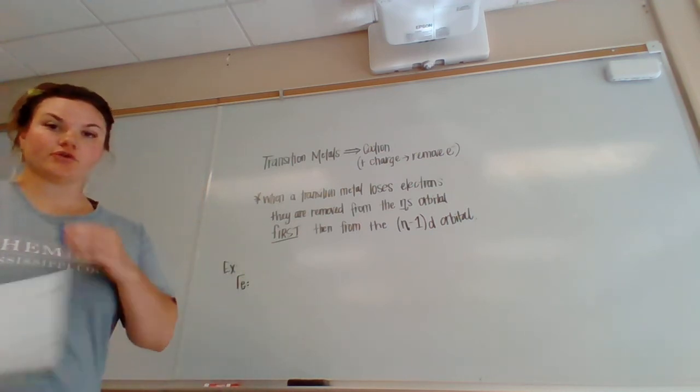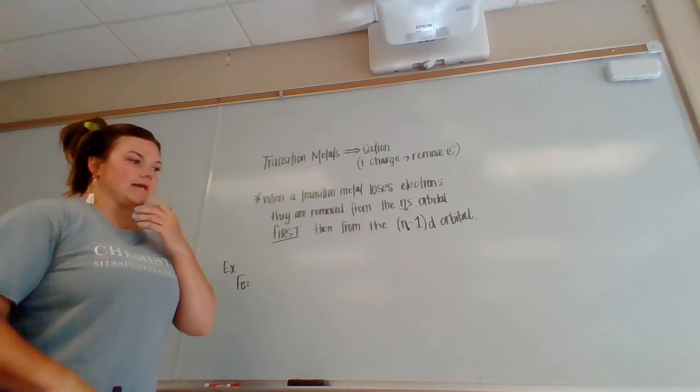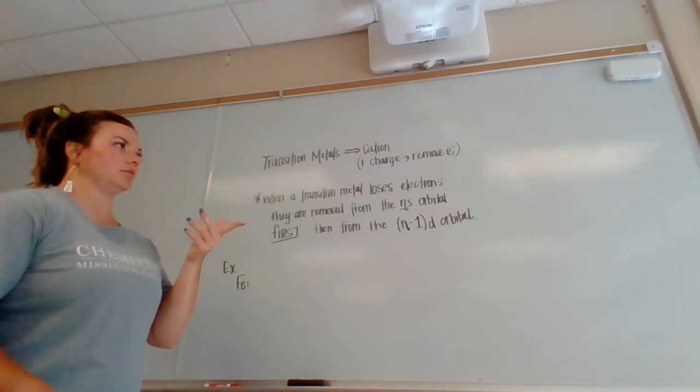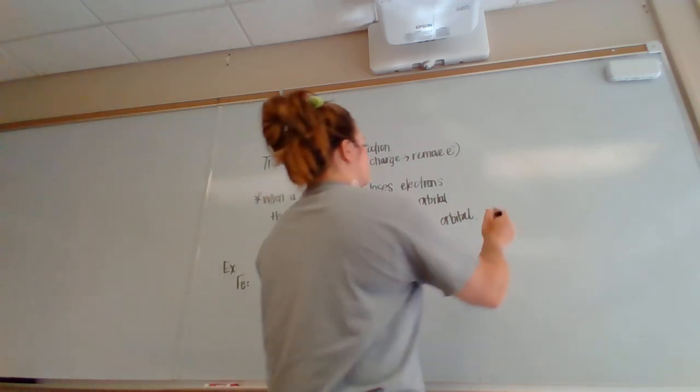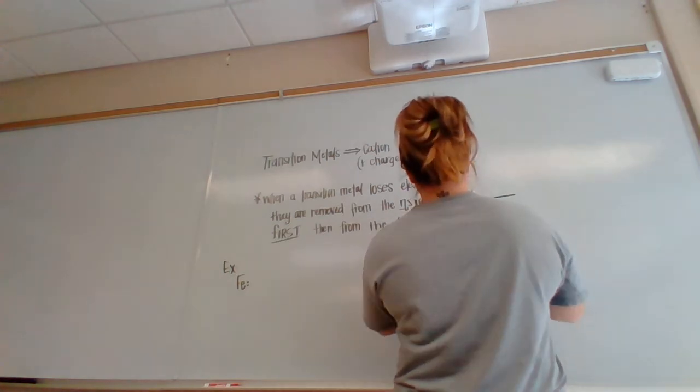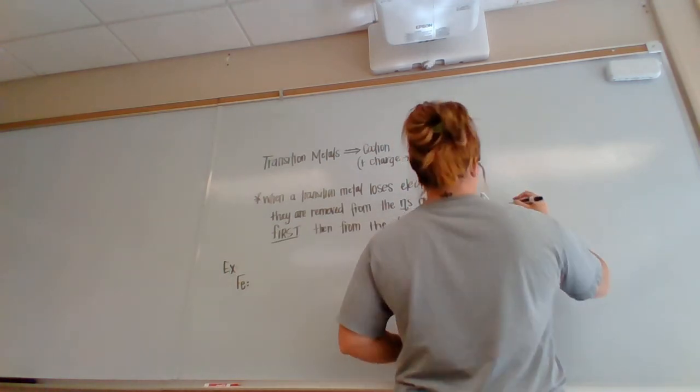The deal with transition metals is that because the s orbital is lower in energy than the d orbital, you always take away s electrons before you take away d electrons.